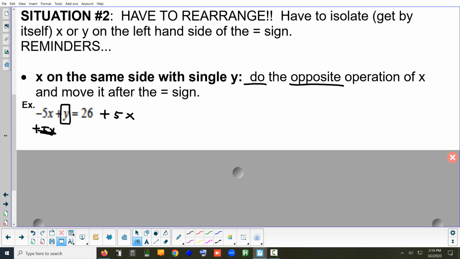They cancel each other out. So this is gone. And look at what you have now. y equals 26 plus 5x. We rearranged it to isolate the y. We got the y by itself. That's the extra step for today.